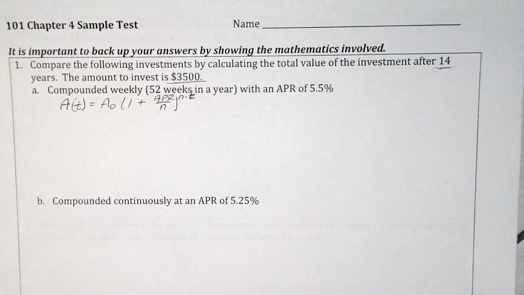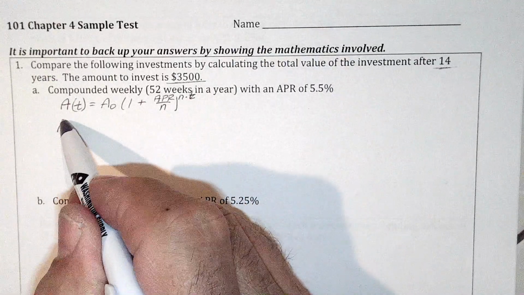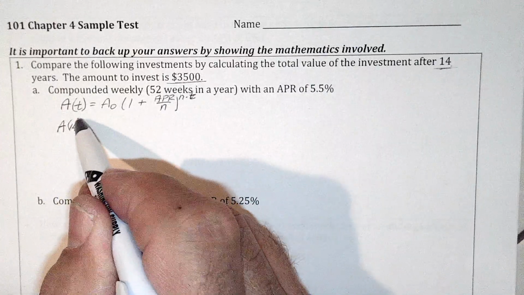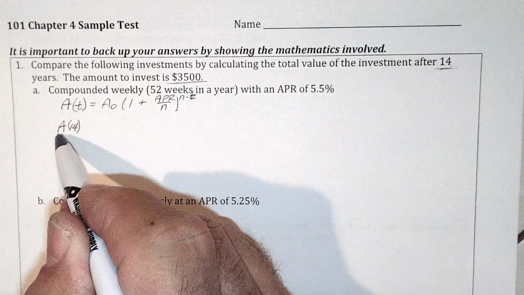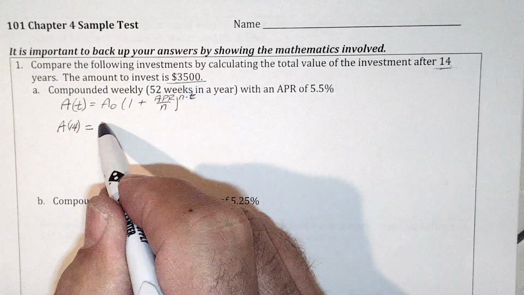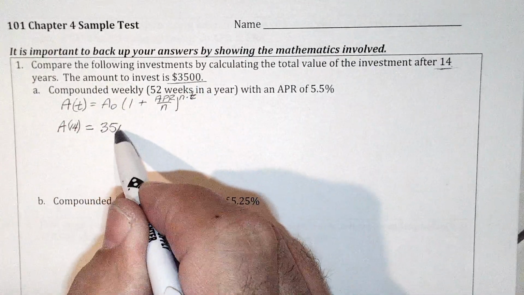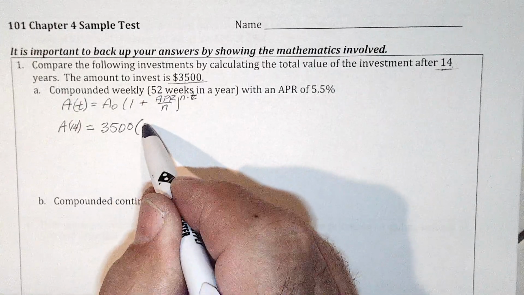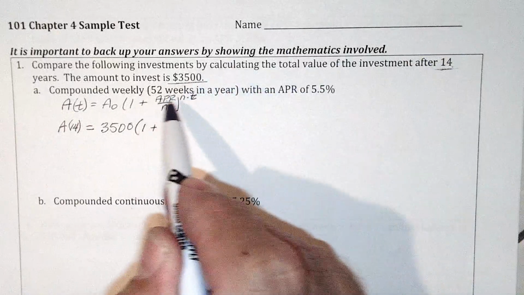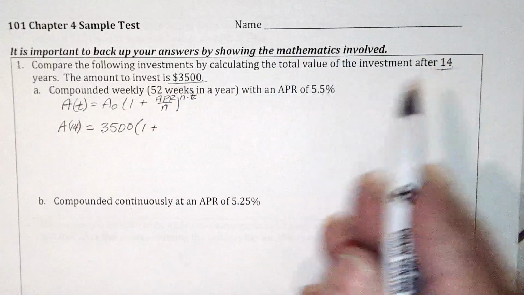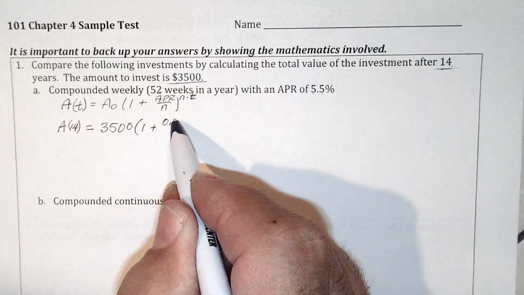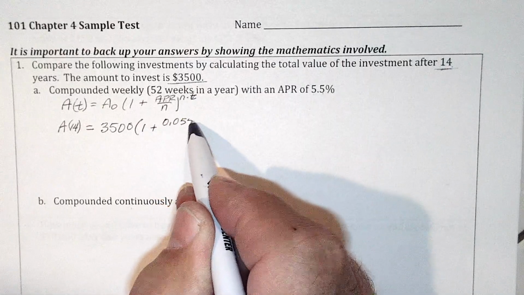So the amount after 14 years, that's A of 14, not A times 14, is the starting amount of $3,500 times 1 plus the APR, which was 5.5%. In decimal that is 0.055.